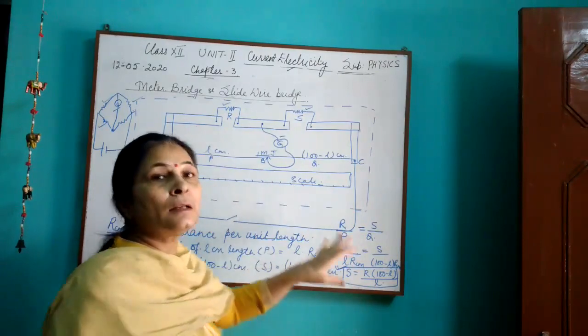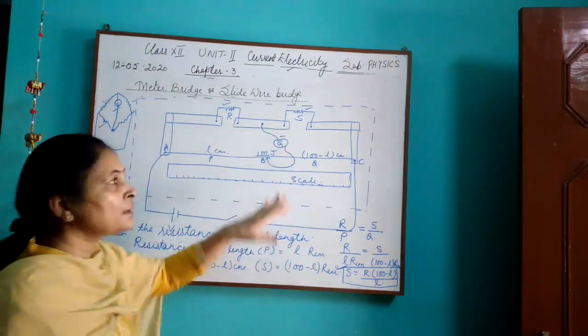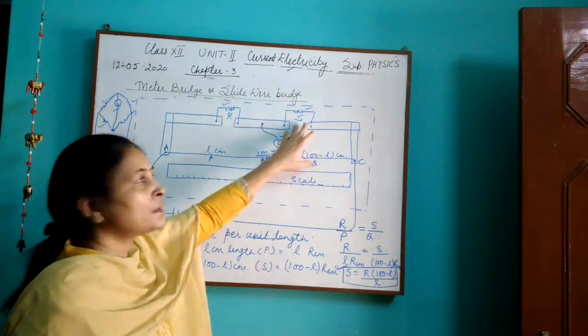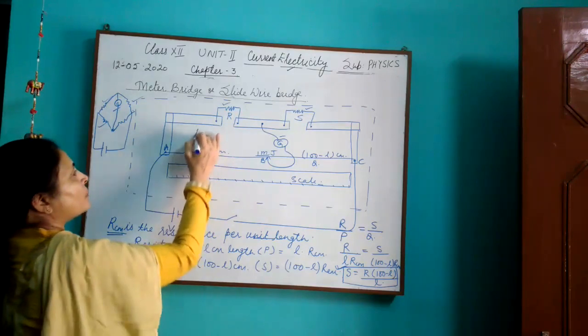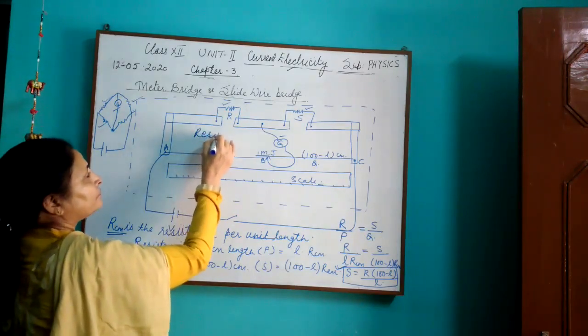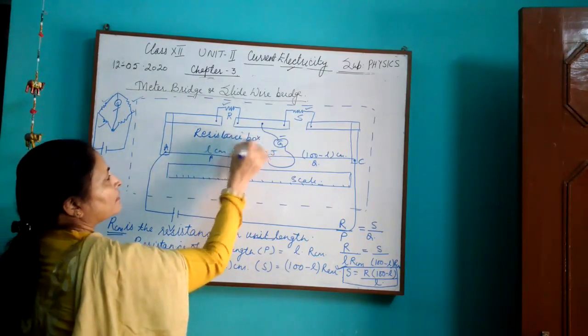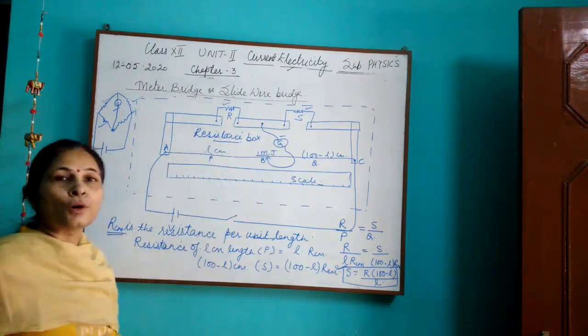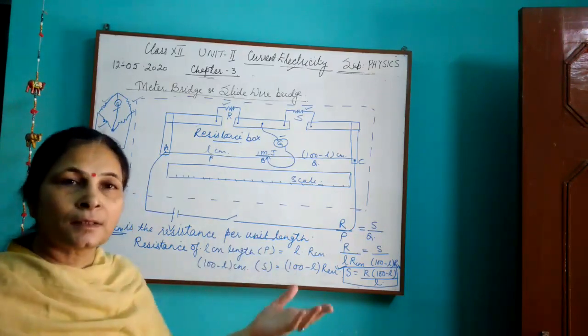When practical is concerned, you'll be doing it in the laboratory, then for determining an unknown resistance, in this arm we connect a resistance box. And that resistance box contains various resistances.